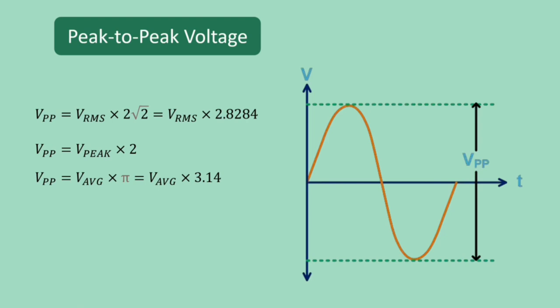So RMS voltage times the square root of 8 is equal to peak-to-peak voltage. And peak-to-peak voltage is also equal to 2 times peak voltage. And as we know that average voltage is equal to 2 times peak voltage divided by pi, and 2 times peak voltage is also equal to peak-to-peak voltage, so average voltage times pi is equal to peak-to-peak voltage.